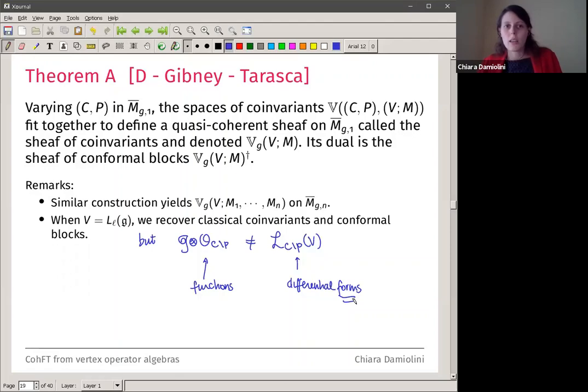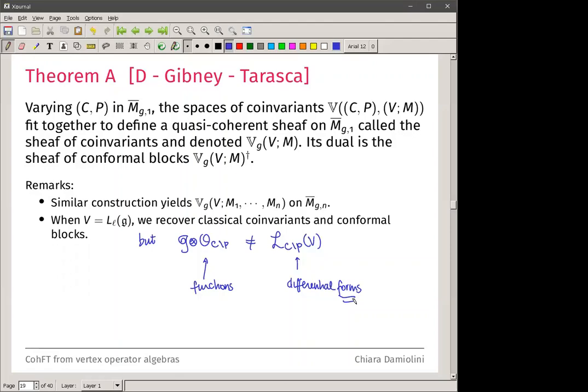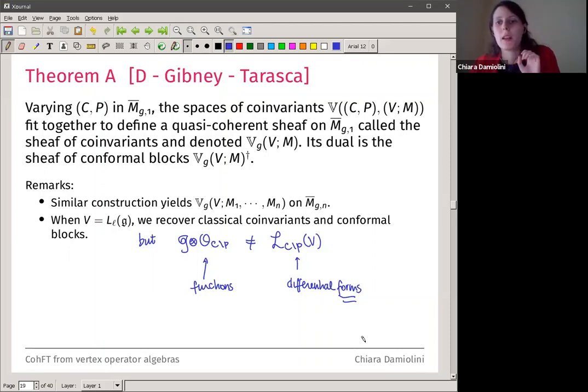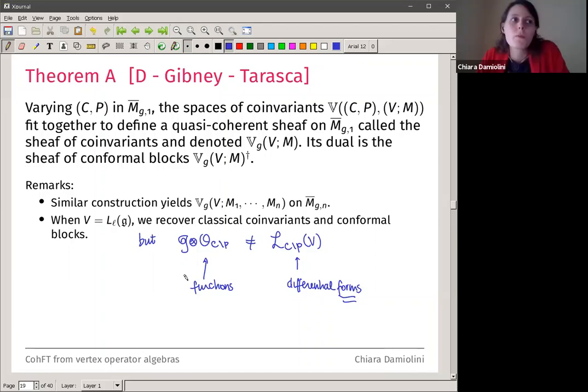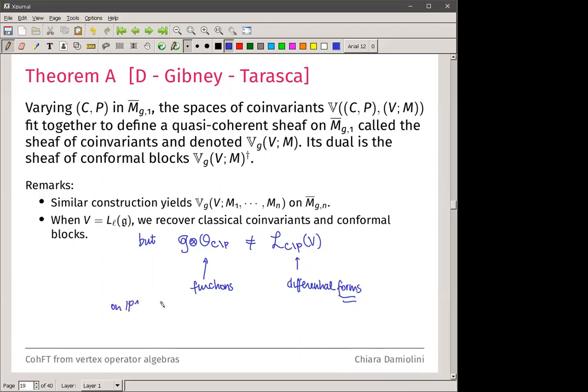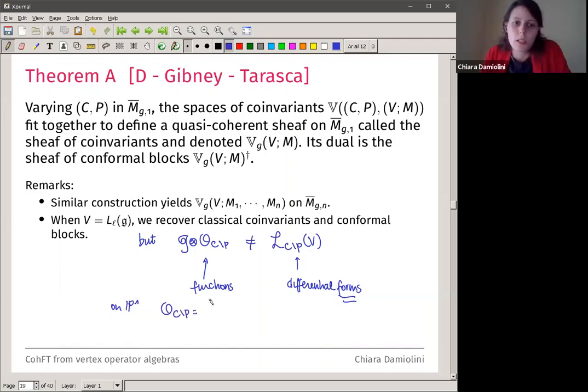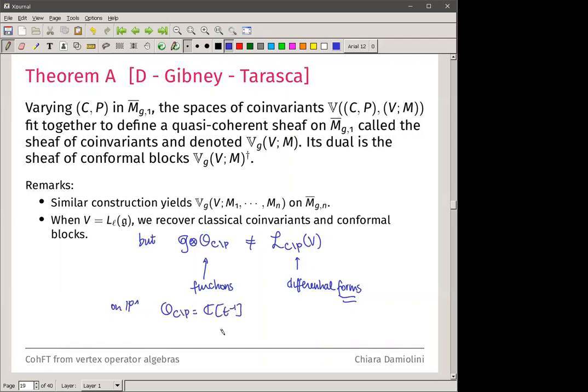Can I quickly try to understand the g tensor O(C minus P)? If I take the projective curve, that's basically just the polynomial algebra in t inverse. Am I correct? If you have P1, it doesn't have the positive powers of t. Yes, so O(C minus P) is really C[t^-1].